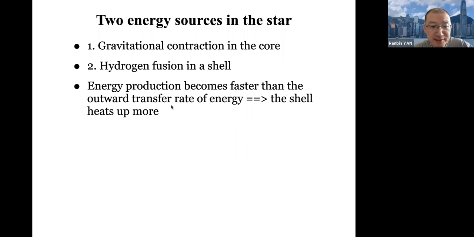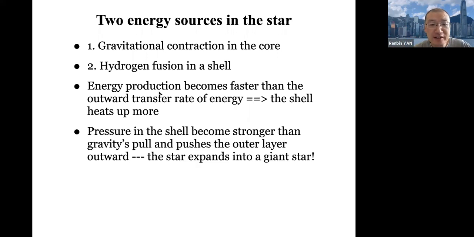So the whole star basically gets heated up, but because there's a bottleneck of energy transfer towards the outside, it actually causes the star to expand. The inner part gets so hot that the pressure becomes stronger than gravity's pull on the outer surface, and actually pushes the outer layer outward. So that is how the star will expand into a giant star.